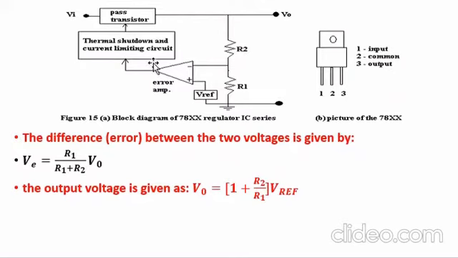We have a pass transistor, and we have thermal shutdown and current limiting circuit. Its function is to make sure that whenever the temperature is very high, it will switch off the circuit, and it is limiting the amount of current, because the current mostly is the one responsible for increasing the heat.